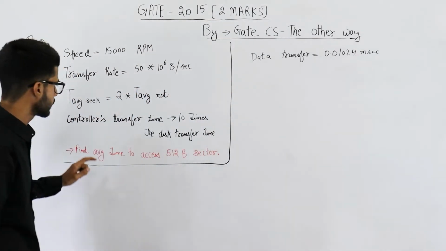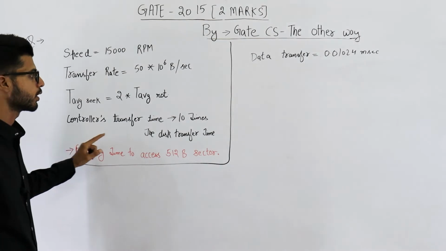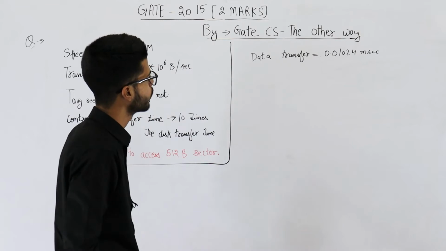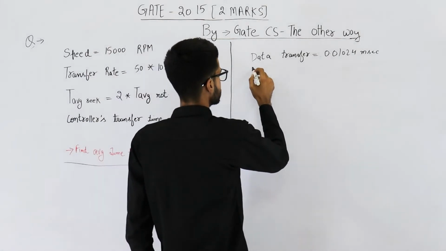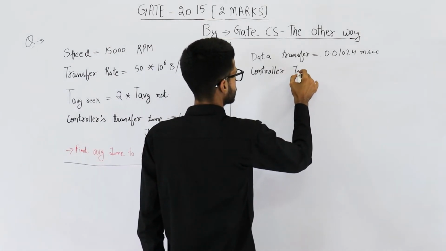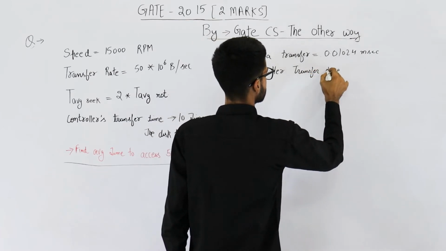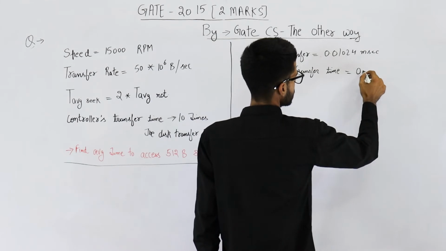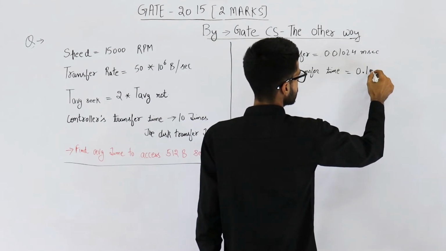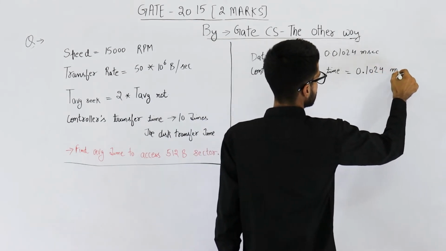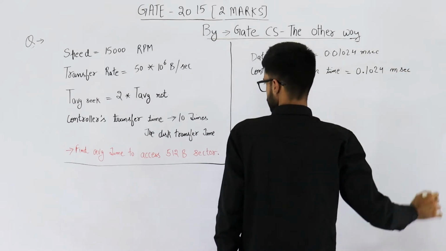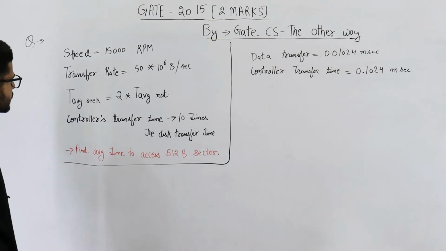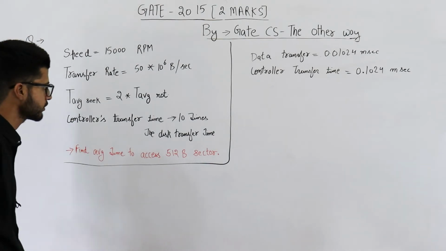Then they're saying the controller transfer time will be 10 times this disk transfer time. Let's also find what will be the controller transfer time. So this will be 10 times this delay, which comes out to be 0.1024 milliseconds.